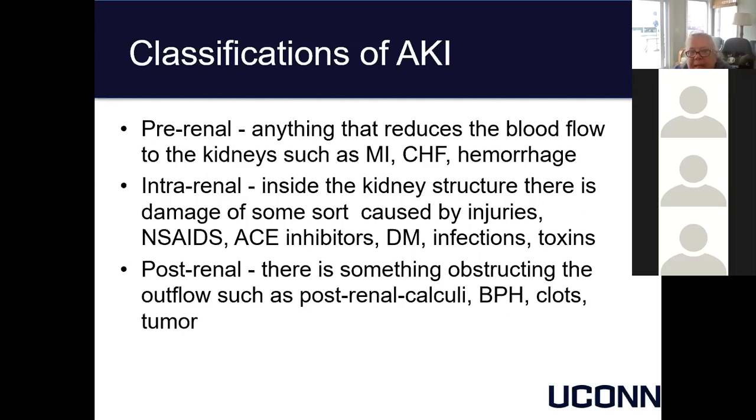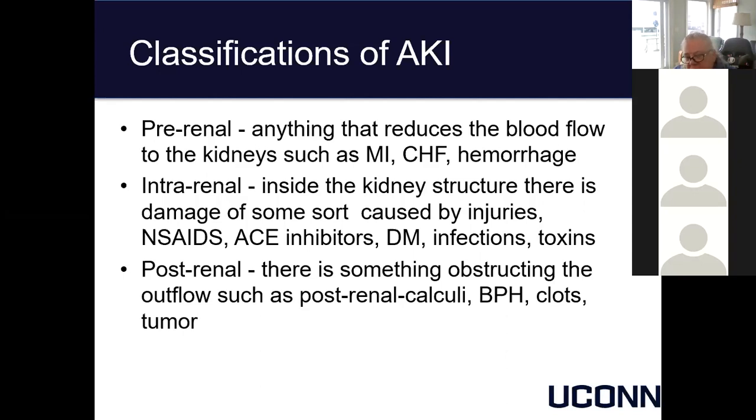Intrarenal, it's happening inside the kidneys. And this is usually either because of trauma to the kidney directly or some exposure to a toxic agent. Think drugs, think other things, infection, and diabetes. Because again, we know diabetes impacts the kidneys themselves. And then post-renal injury is an obstruction.